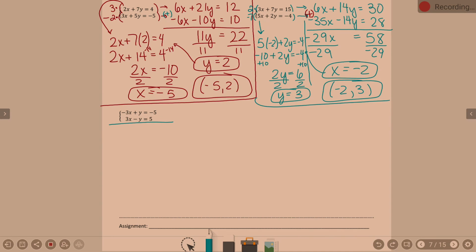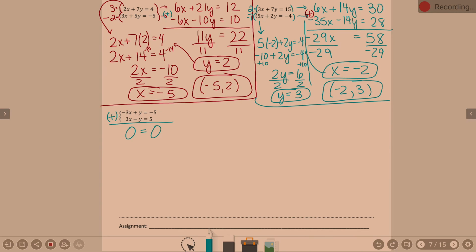If your brain saw the y's, they're both 1 y's, and they're opposite signs, so you're still adding. Okay, so what's negative 3x plus 3x? 0. What's y plus negative y? 0. So what's on the left side? 0. On the right, what's negative 5 plus 5? 0.